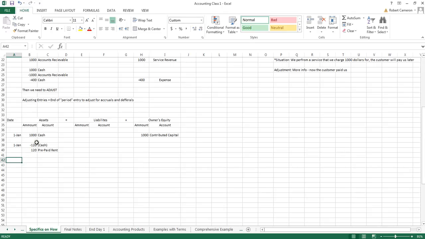So anyway, the investors started the business, put $1,000 in cash into it. Then the business paid cash, and they got some prepaid rent so they can use it for a whole month. So then let's say, I'm just going to make some good example here. Let's say that also to do all this, we had a lawyer. Gotta love the lawyers.